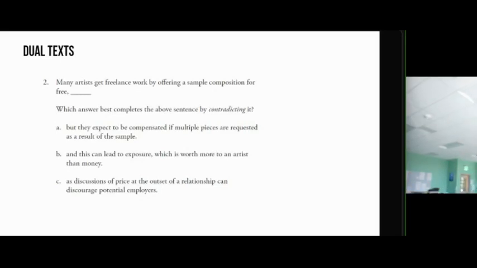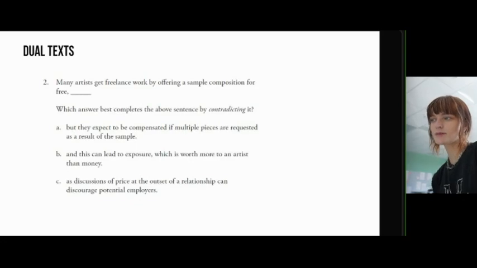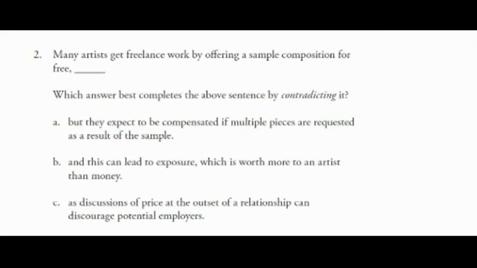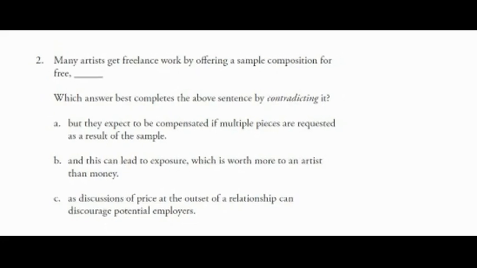So here's an example of what it would look like if we are seeing something contradicted in a sentence. If the sentence began with "many artists get freelance work by offering a sample composition for free," which answer would complete the sentence by contradicting it? "But they expect to be compensated if multiple pieces are requested, and this can lead to exposure, which is worth more to the artist than money," or "as discussions of price at the outset of a relationship can discourage potential employers."